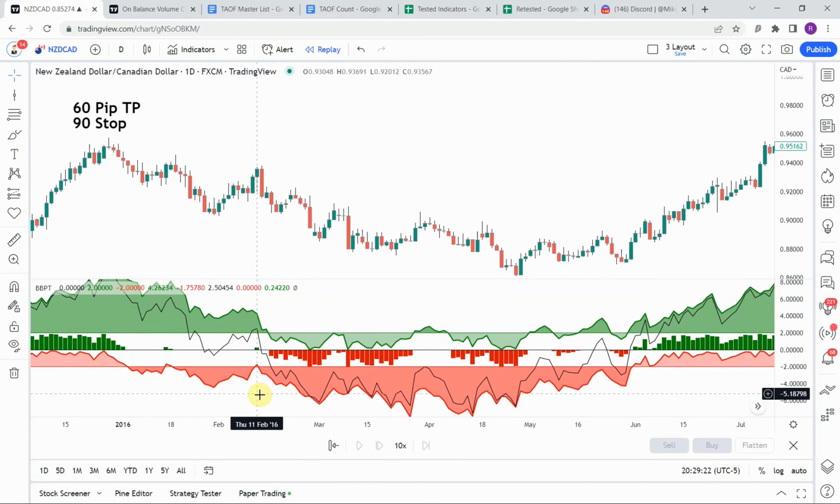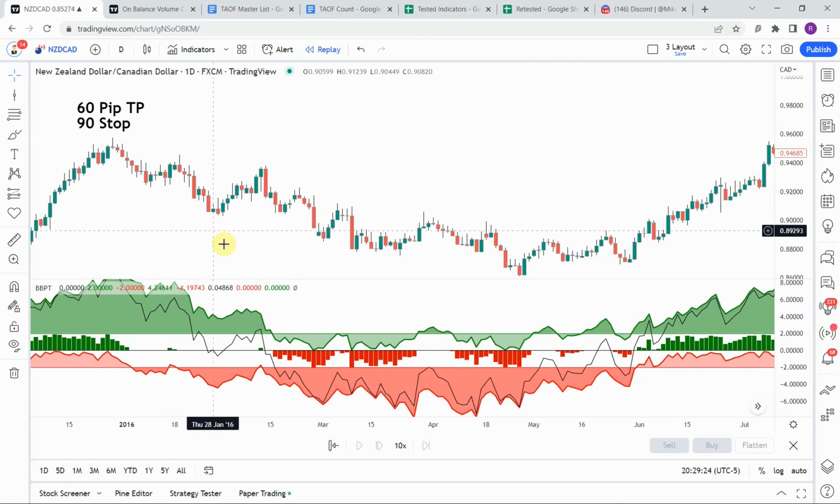In the original testing, this indicator did 13 trades. We were able to keep it on the daily time frame, and we tested it with the standard stop and take profit. On the original video, basically what we were looking for was the histogram here in the middle.